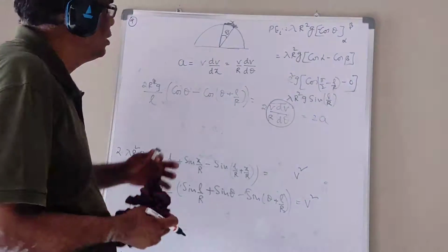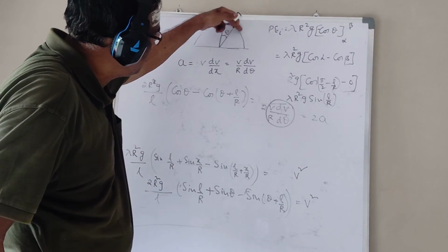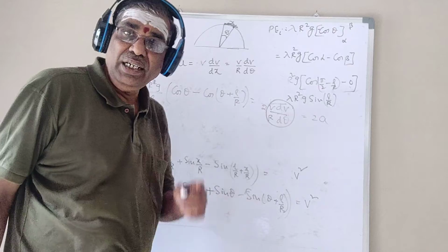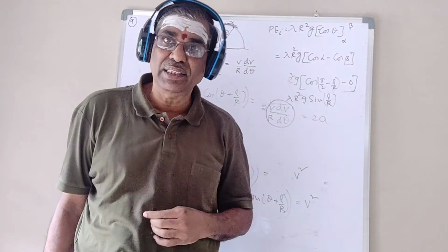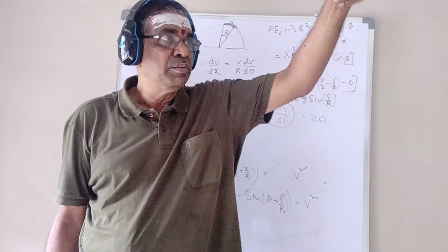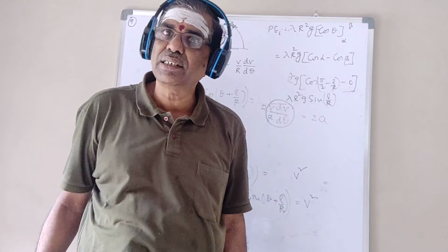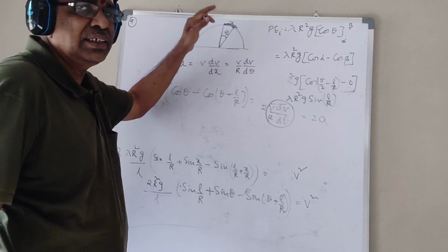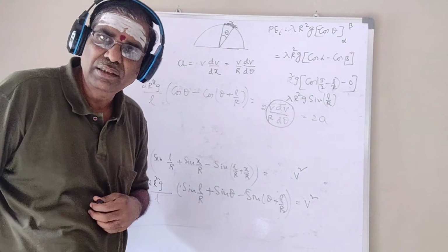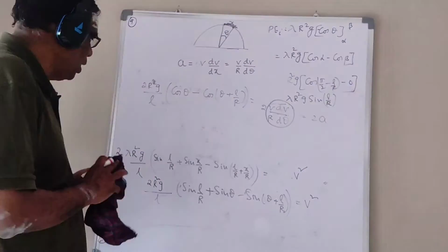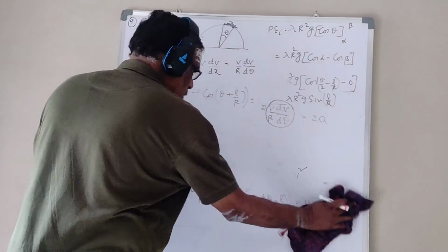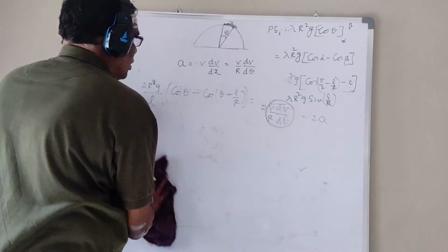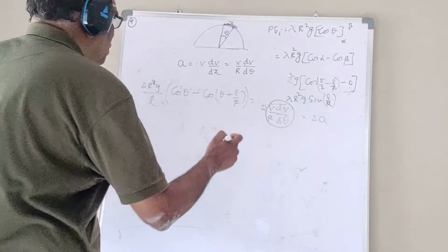But remember, by the time the chain comes somewhere here, it possesses two types of accelerations. Remember, there is a centripetal acceleration also, you can't ignore. So, when the chain is just about to start, what is the acceleration? When it is just about to start, your theta becomes 0.